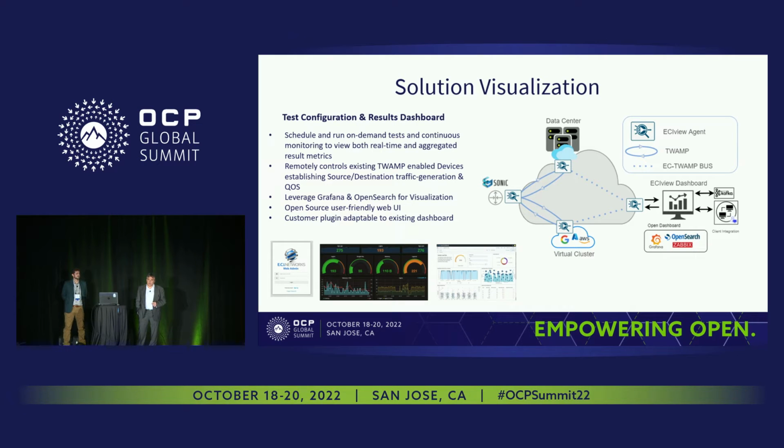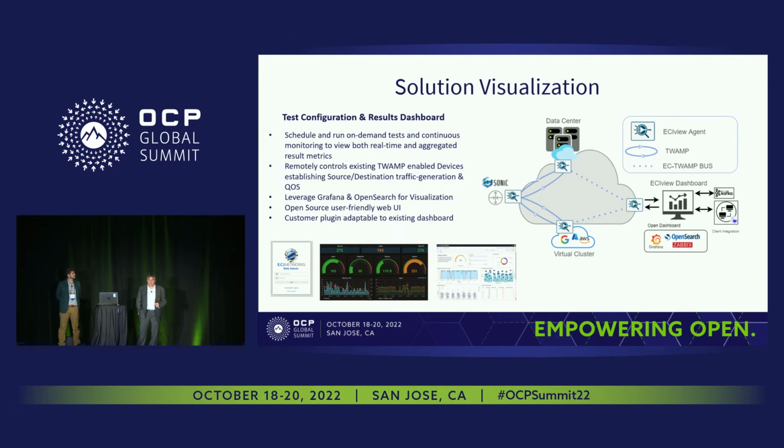The visualization part of the solution really allows you to schedule and run on-demand tests, continuous monitoring to do both real-time and aggregated result and collect aggregated result metrics. The ability to remotely control existing TWAMP-enabled devices with source destination traffic generation as well as QoS.